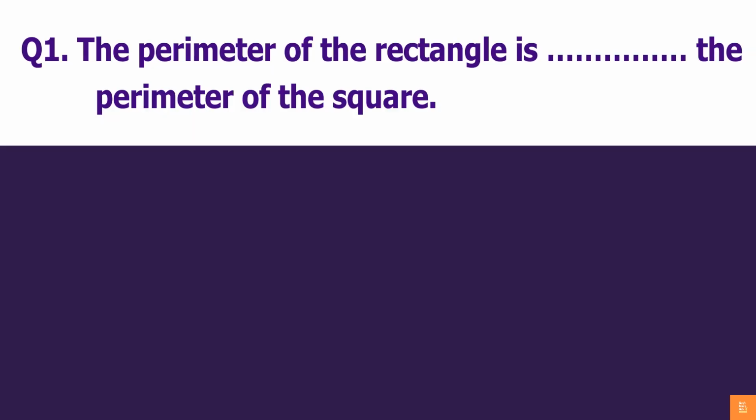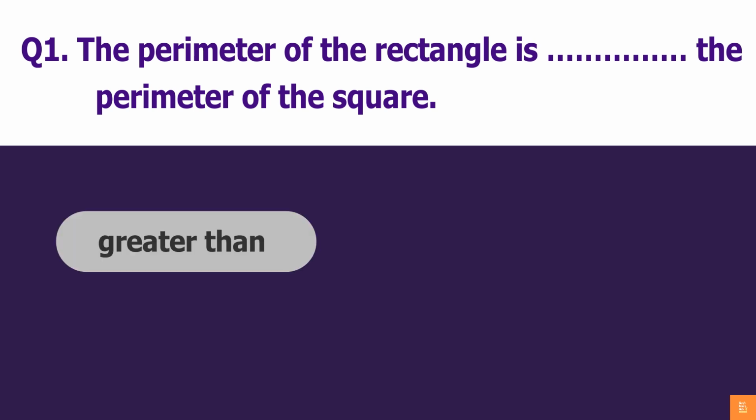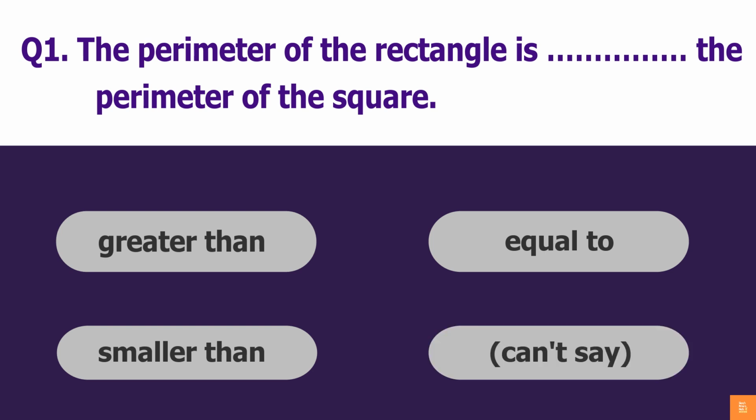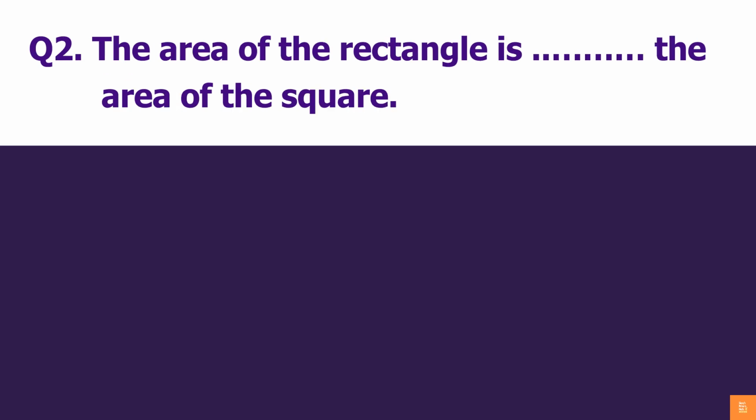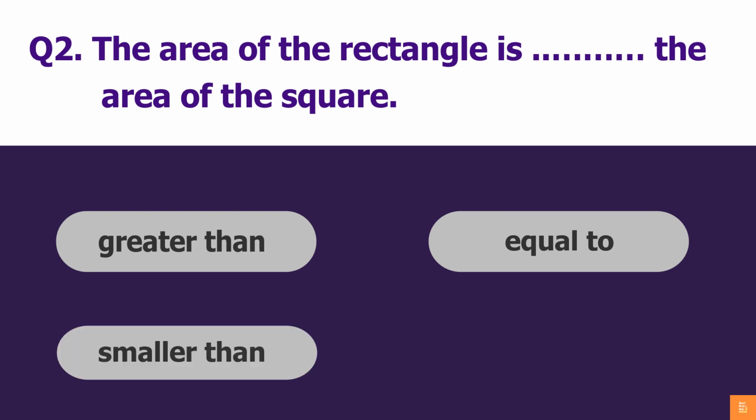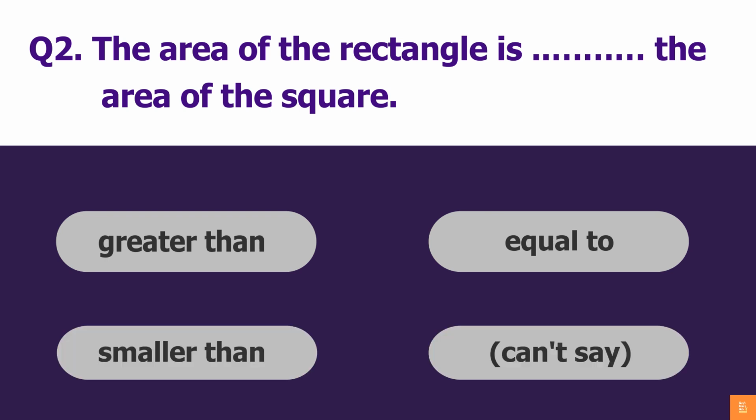Question number 1. The perimeter of the rectangle is the perimeter of the square. Options are greater than, equal to, smaller than, cannot say. Question number 2. The area of the rectangle is the area of the square. Options are greater than, equal to, smaller than, cannot say.